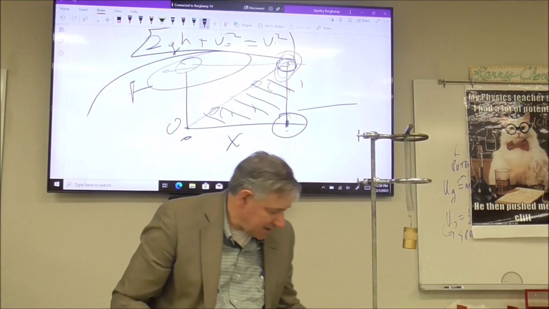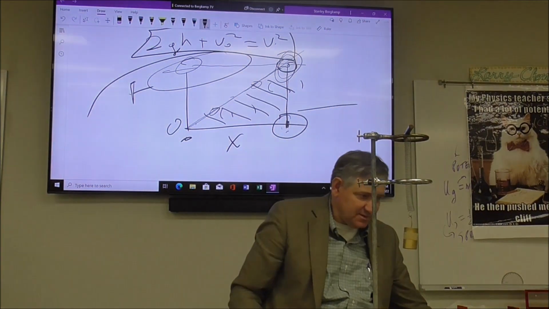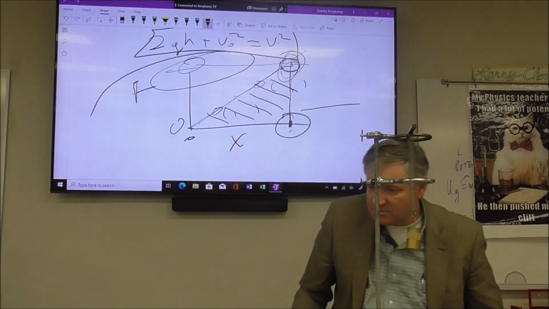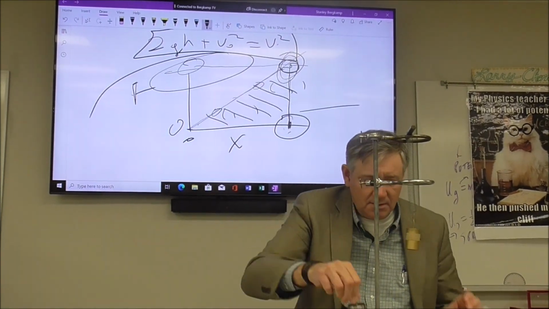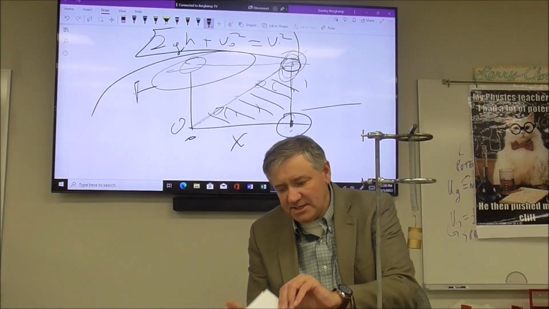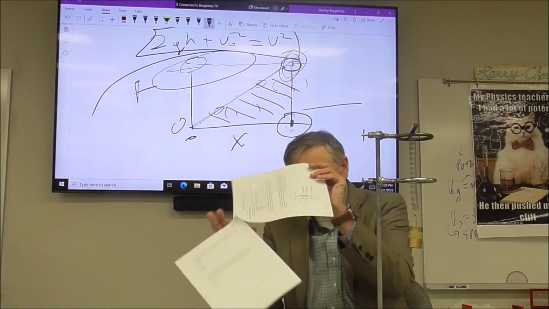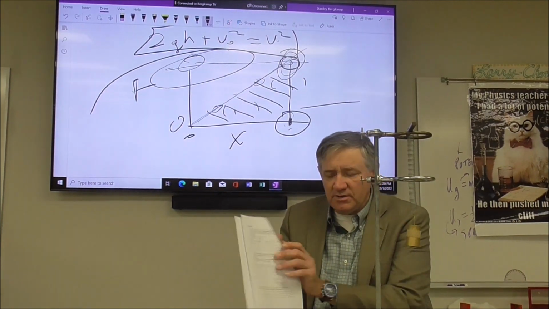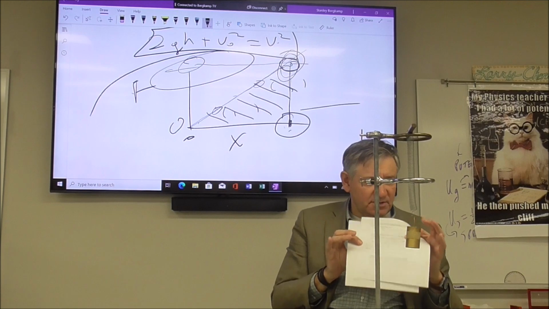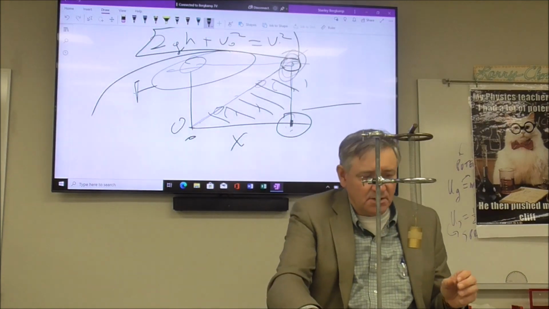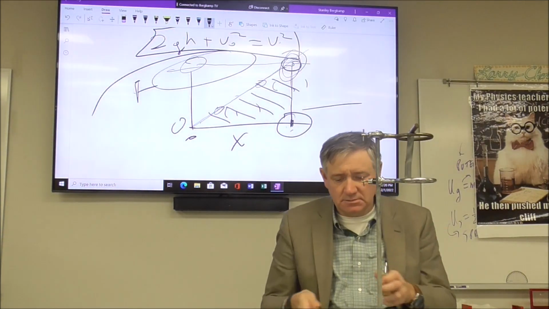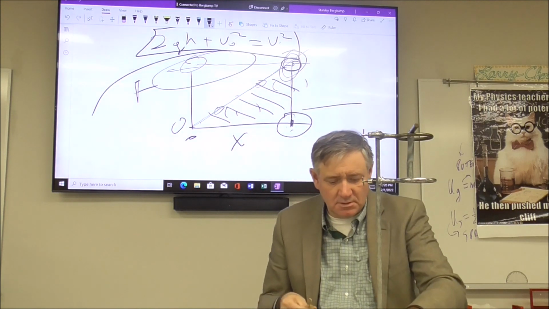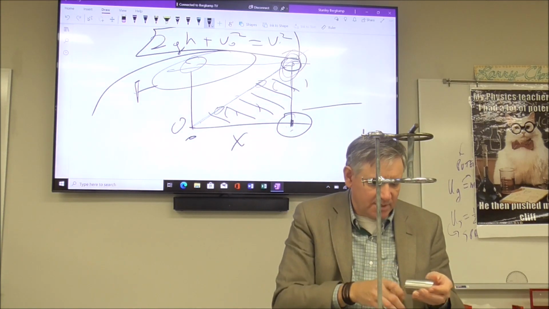Now the second part of the lab, you're going to make it oscillate in these rings. If you look over here on page 2, you're going to do this with 1.2 kilograms, and you're going to do this with 1.5 kilograms. So here I've got 1.2 kilograms.